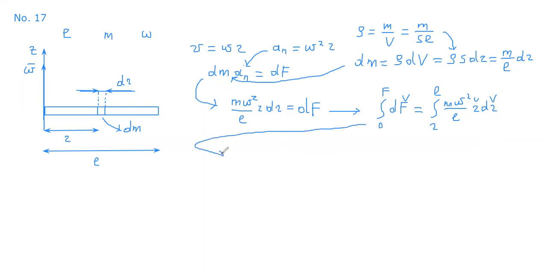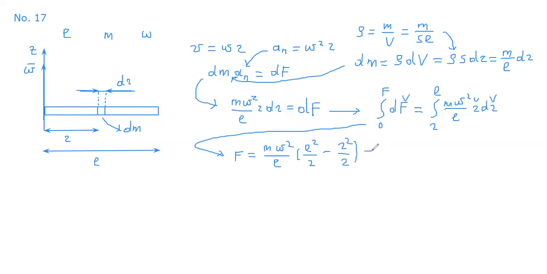So let's calculate this F. F is equal to m omega squared divided by L, multiplied by L squared divided by 2 minus r squared divided by 2.